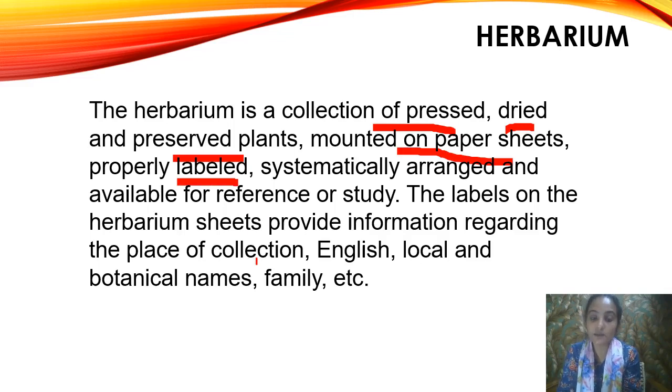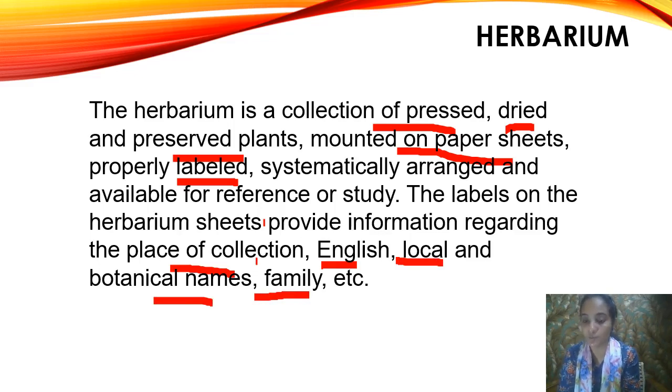There is a label at the bottom of that paper that contains lots of information, like the place of collection, the English name of the plant, the local name, the botanical name, and the family they belong to. All these details will be recorded on the page where we stick that dried specimen. Well, you see the picture.